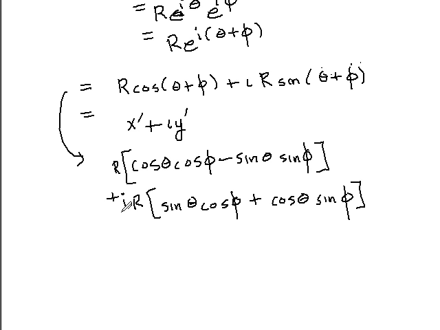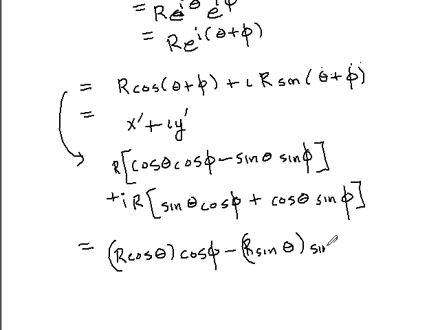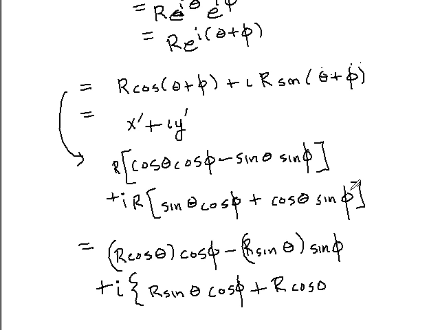Separating it out, this is r cosine theta times cosine phi minus r sine theta times sine phi, plus the imaginary number i times r sine theta cosine phi plus r cosine theta sine phi.